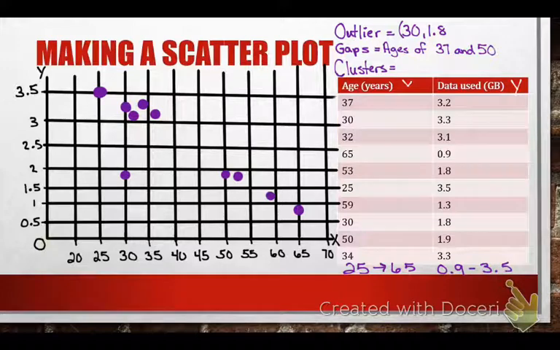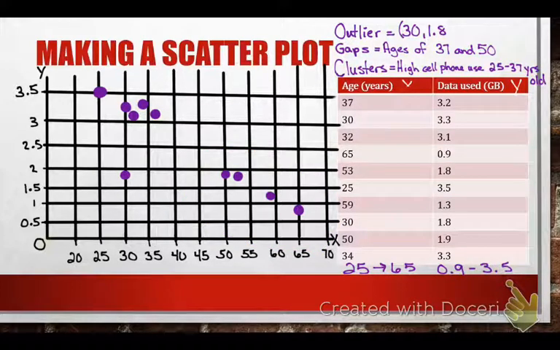It's really high. It's pretty high. There's a high level of cell phone usage for people ages 25 to 37 for whatever reason. And that's where we can really start making interpretations. Like, why is their cell phone usage so much higher than these people's cell phone usage? Okay? And we're going to talk more in a minute about the interpretation side of it.